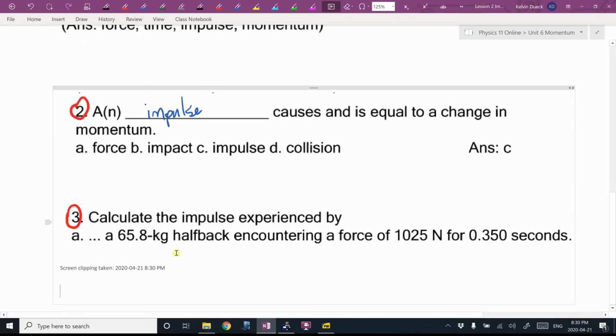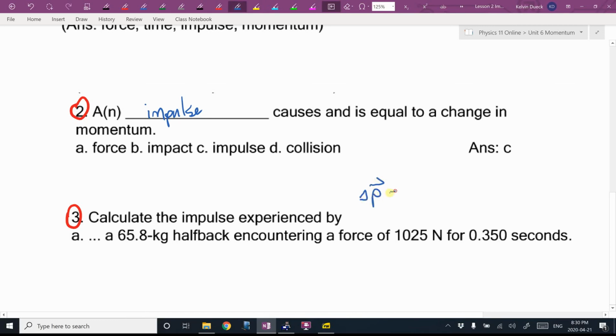Number 3. Calculate the impulse encountered by. All right, so for impulse, I'm always looking at either finding it by going final momentum minus initial momentum, or finding it by going mass times v final minus mass times v initial, or by going force times time.